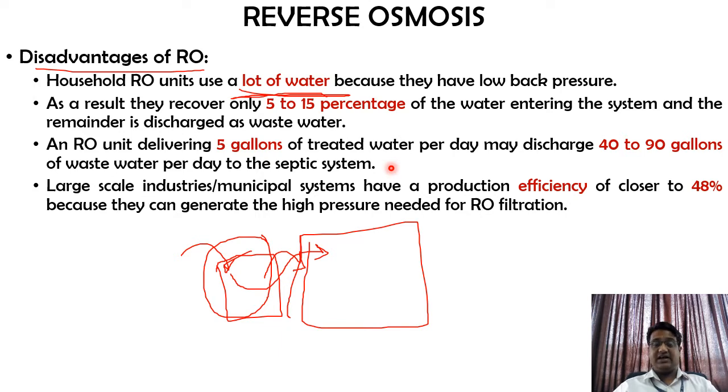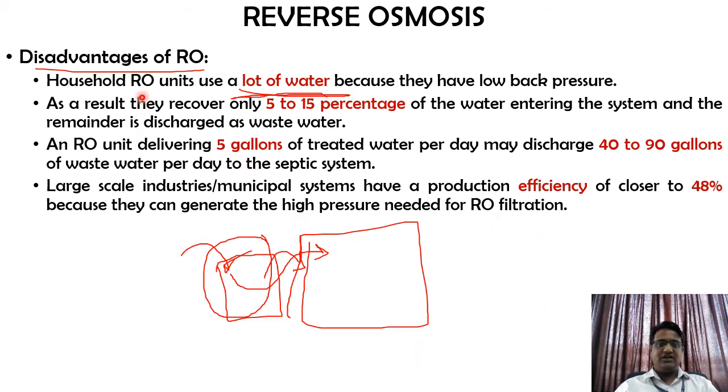But in a particular quantum of water, how much is being taken as treated water and how much is being thrown out as reject is very high. Large scale industries or municipal systems have a production efficiency of closer to 48%, because they can generate the high pressure needed for the RO filtration.